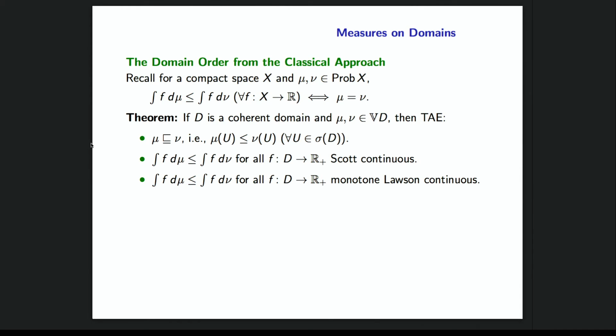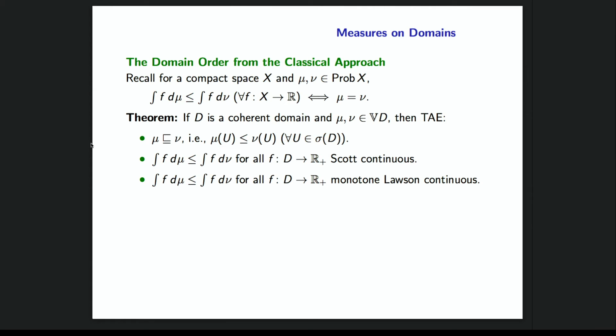However, there is this nice theorem that if you take a coherent domain and subprobability measures, then the following are equivalent: that mu is below nu in this pointwise order that I just described, or integrating against a Scott continuous function from D into the reals. So I'm giving the reals the Scott topology. What are the open sets?